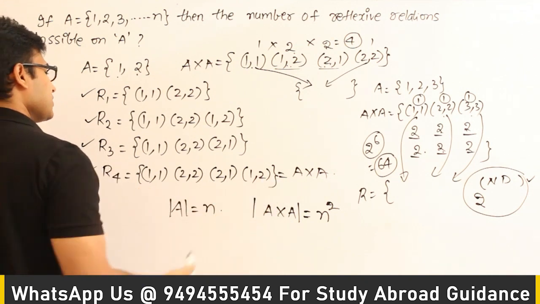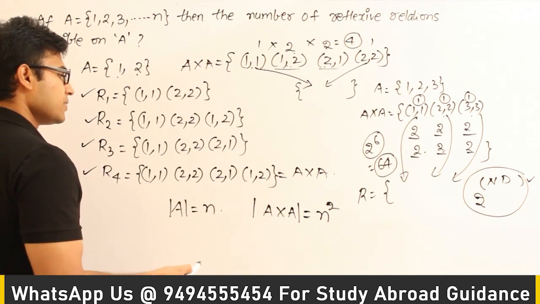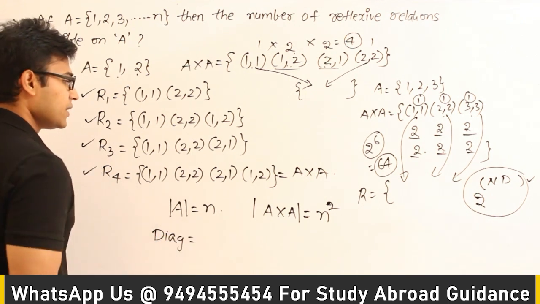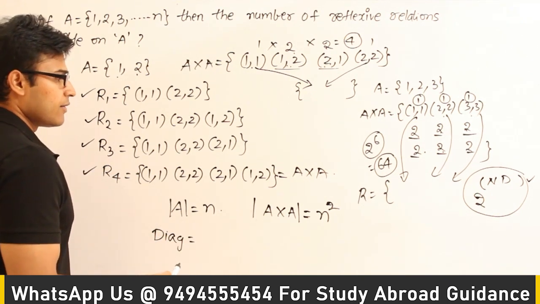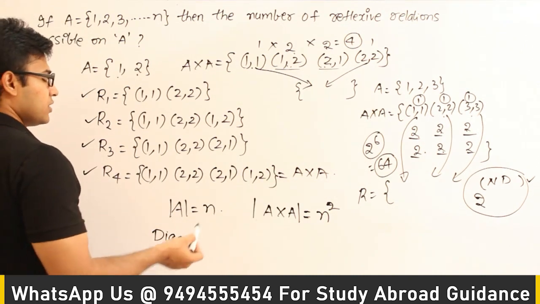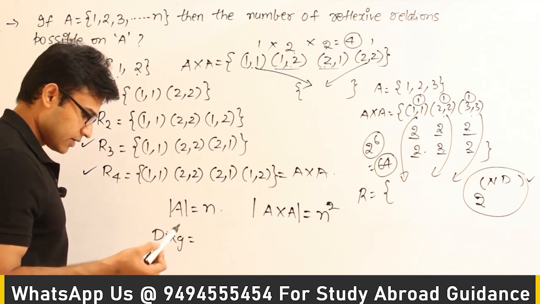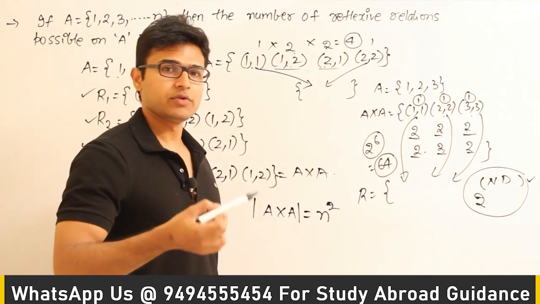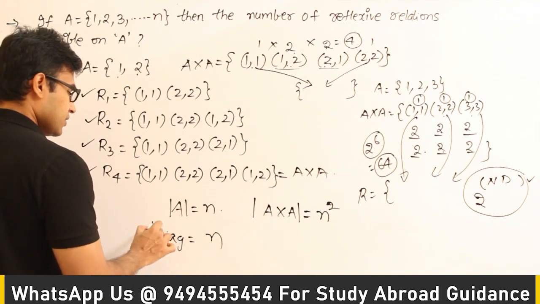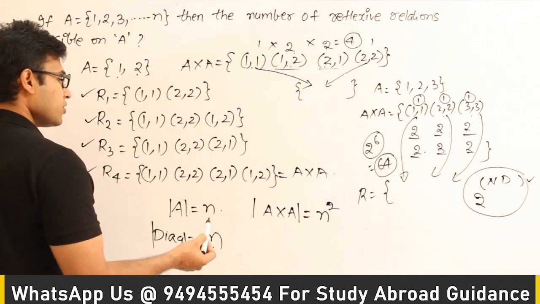Now out of these n square elements, how many elements will be diagonal? The diagonal elements are nothing but all the elements of the form 1, 1, 2, 2, 3, 3, and so on up to n. So if we have 1, 2, 3, 4, and so on up to n elements, then the number of elements of the form 1, 1, 2, 2, 3, 3, and so on up to n will definitely be only n, isn't it? Therefore the number of diagonal elements is going to be n.